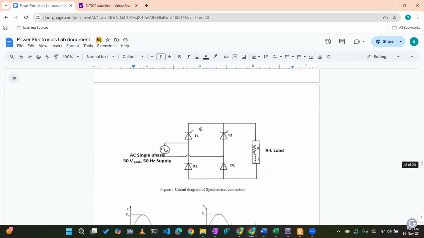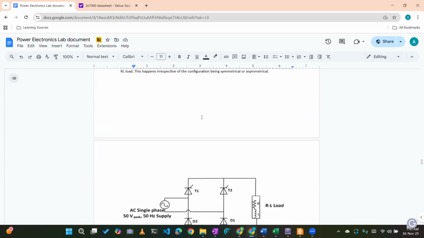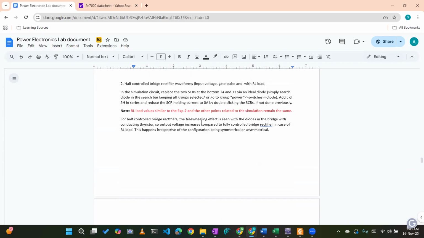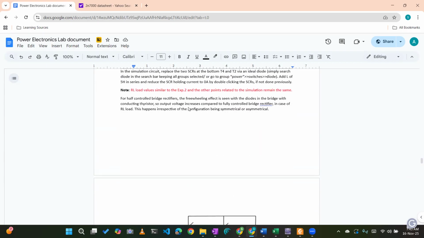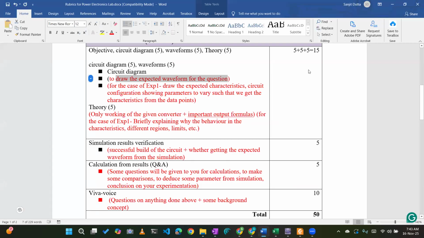What is that? 2 Vm by pi cos alpha, or 2 Vm by pi (1 plus cos alpha) if it is R load. So these things you have to write in your first section. This will give you a measure mark, which itself is more than a pass mark. So please focus here properly. This should be done by all of you.